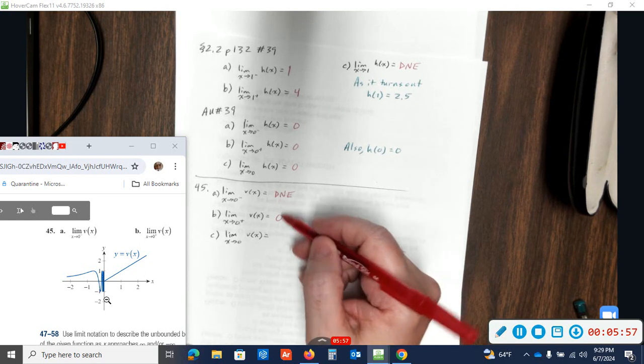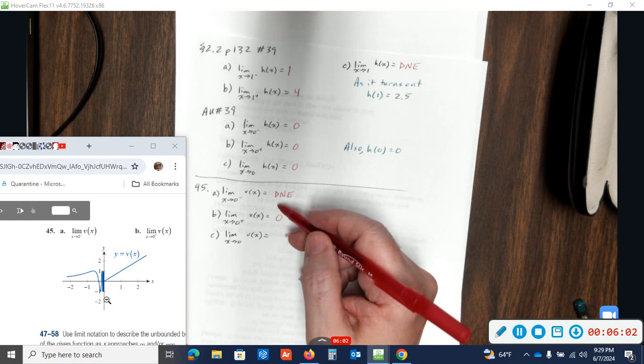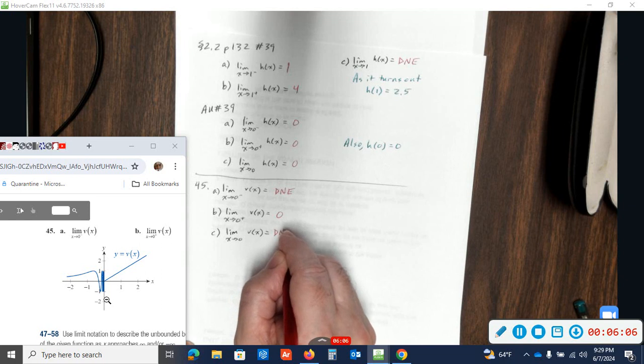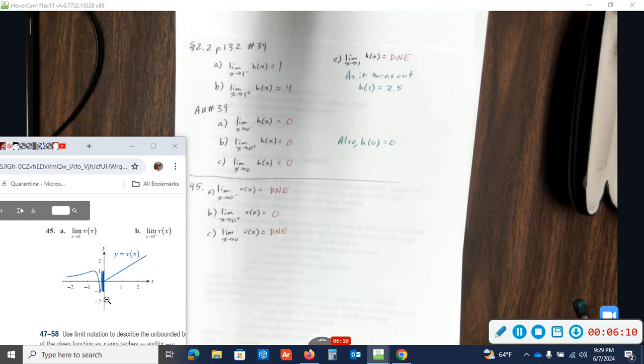The fact that the left limit and the right limit don't agree, in fact one of them doesn't exist, is enough to say that this doesn't exist. I can't tell for sure from this picture if h of 0 is actually 0, which is what it looks like, or maybe h of 0 is undefined, or maybe h of 0 is something else.